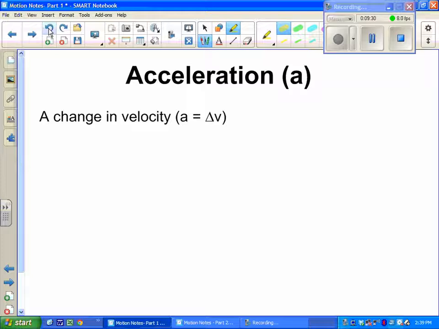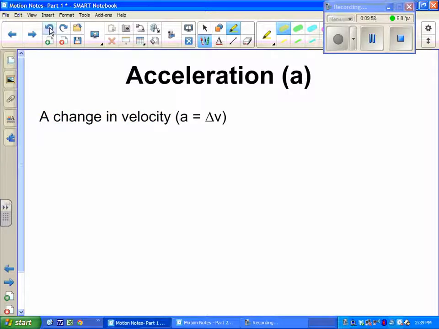If I travel a couple of blocks and I come across the red light and I slam on the brakes, am I accelerating? Yes, I am accelerating because there is a change in my velocity. I am slowing down. So there is an acceleration, and we would call that acceleration negative. So if I'm slowing down, I would have a negative acceleration.